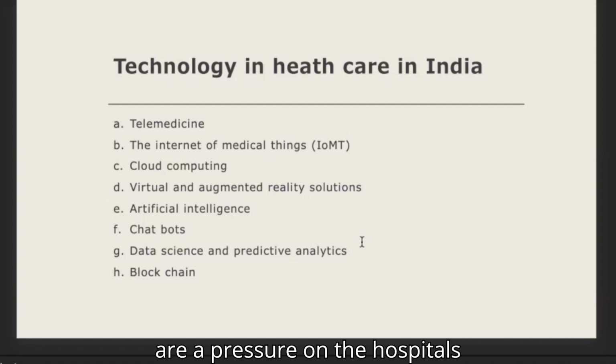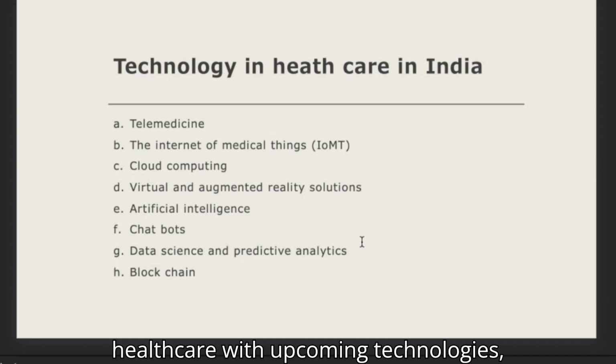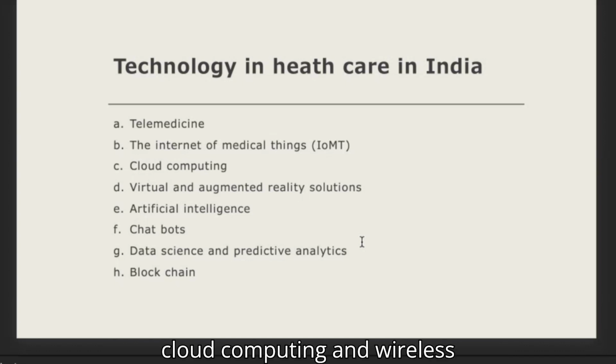There is pressure on the hospitals and healthcare providers to use modern technology and also modernize their existing infrastructure. In order to converge healthcare with upcoming technologies, cloud computing and wireless technologies are playing a major role in improving accessibility and meeting the challenge of manpower shortage.